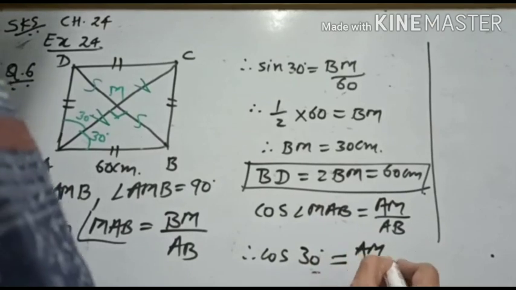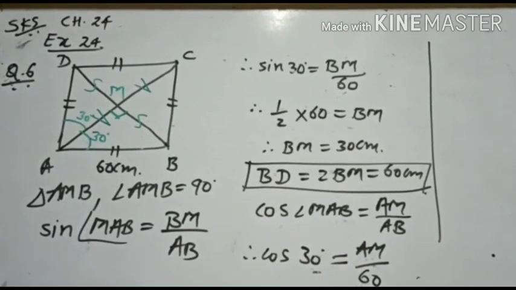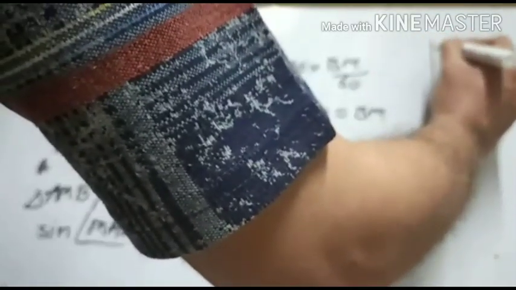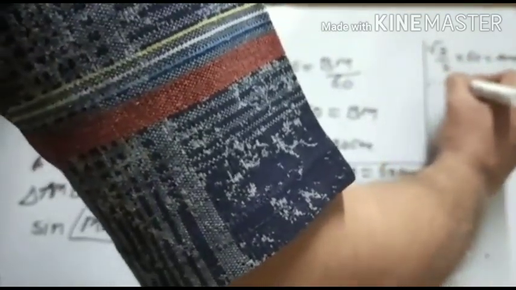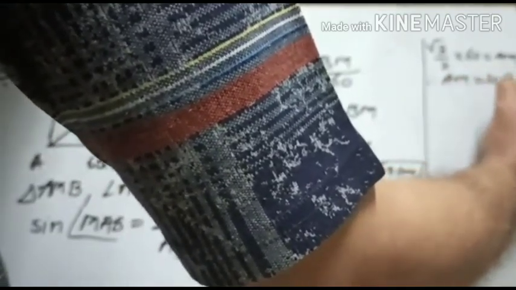AM we do not know, AB we know as 60. You should know the tabular value of cos 30: it is root 3 upon 2. So root 3 upon 2 multiplied by 60 will be equal to AM. So AM will be equal to 30 root 3 centimeters.